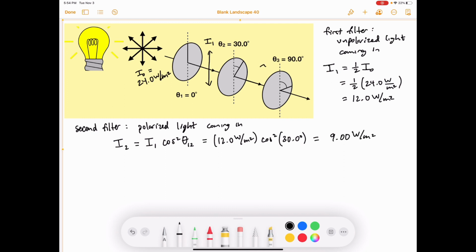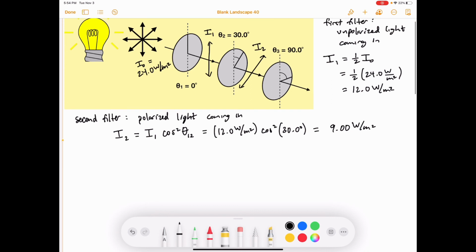And now the light comes out of that second filter polarized along the axis of the second filter. And now the intensity is I2. Okay, now if we take the third filter, again, we have polarized light coming in. So it's going to be Malus's law that gives us the transmitted intensity.